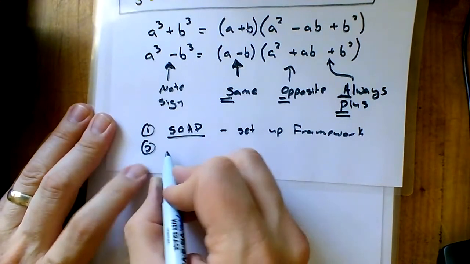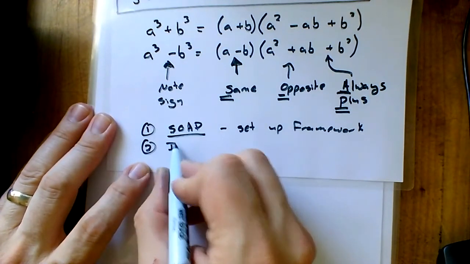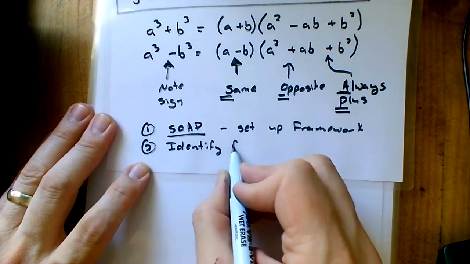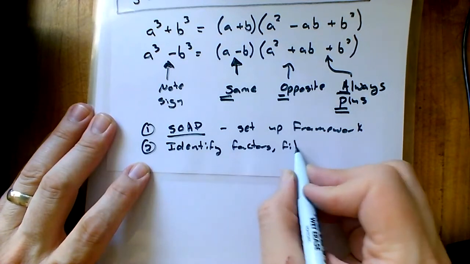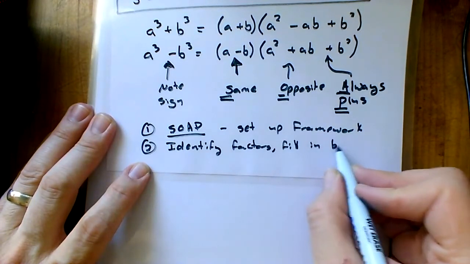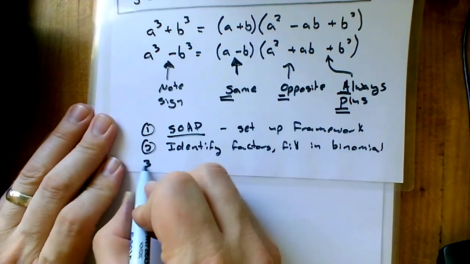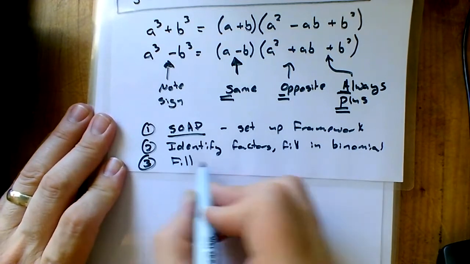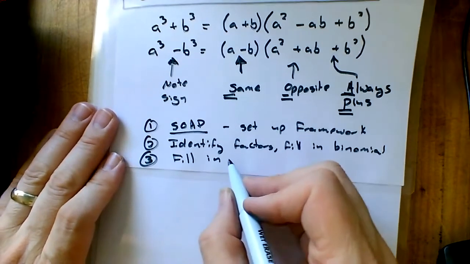Two, we're going to identify our factors and fill in the binomial. And then three, we're going to fill in our trinomial.